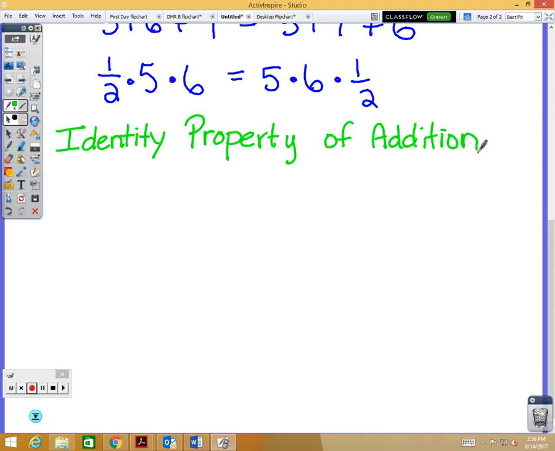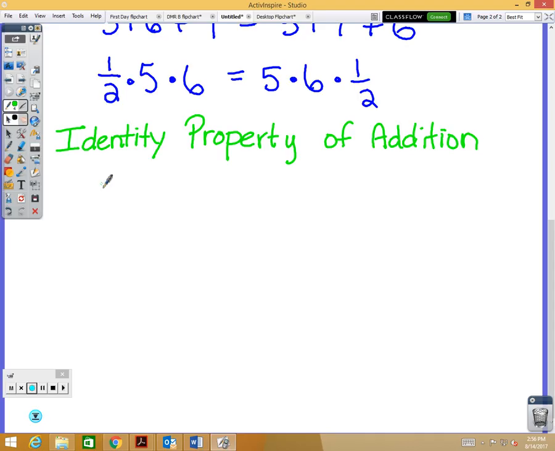What is your identity? Who you are. And you should never change who you are for somebody else. So when we think about the identity property, we don't want to change who the number is.